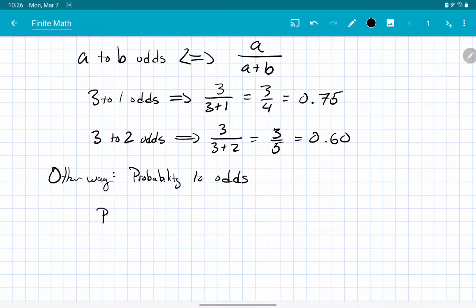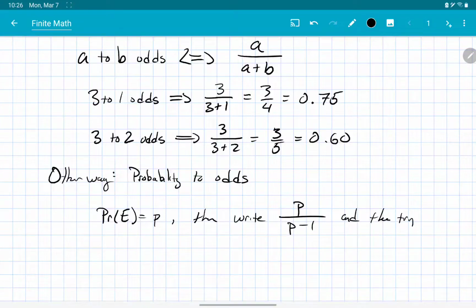If the probability of an event is equal to P, then you write P over P minus 1 and then try to find whole numbers to make this work.